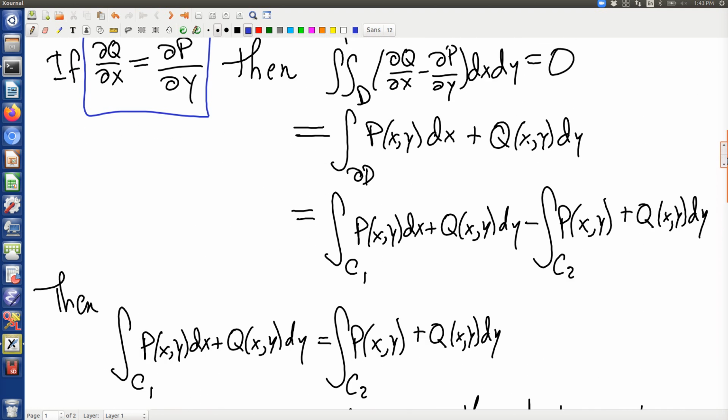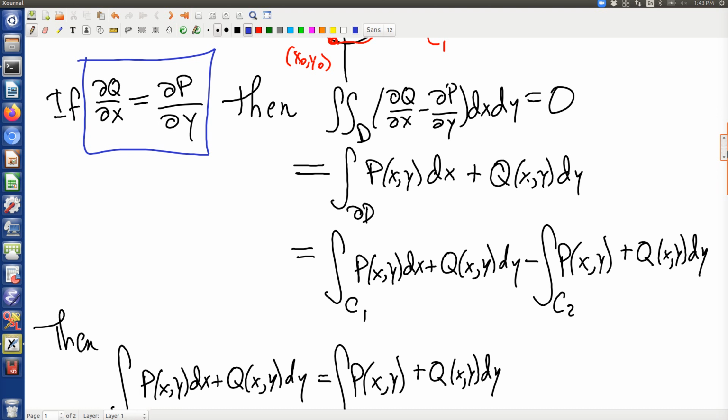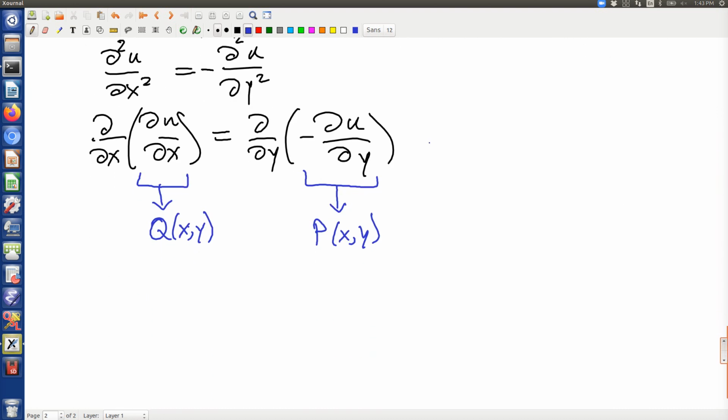So just going up there again, I'm making sure that this blue boxed equation now holds. So by construction, this equation now holds.